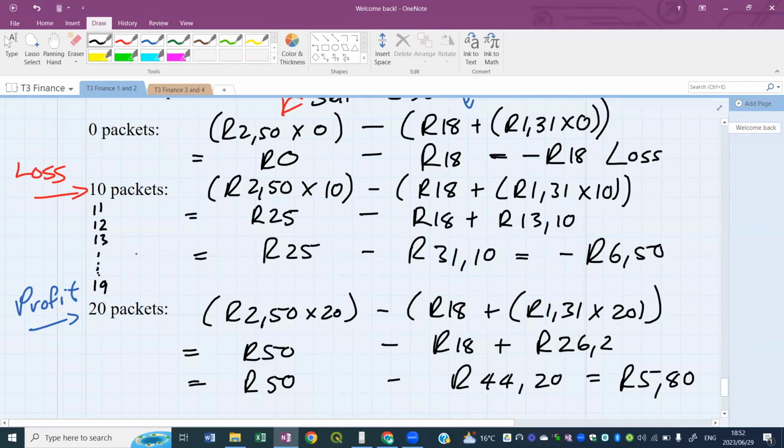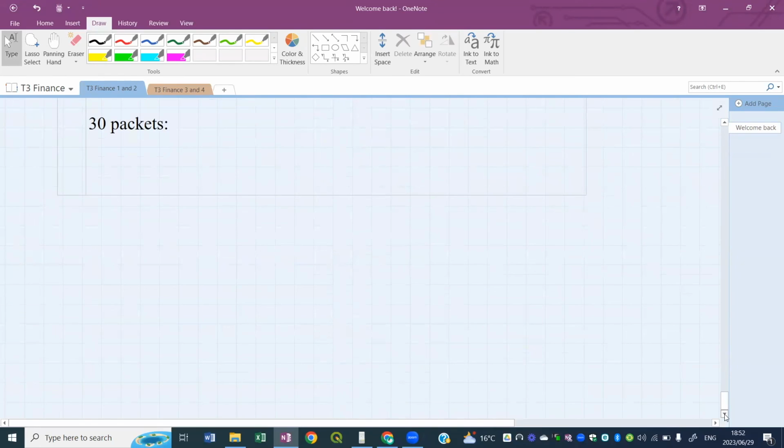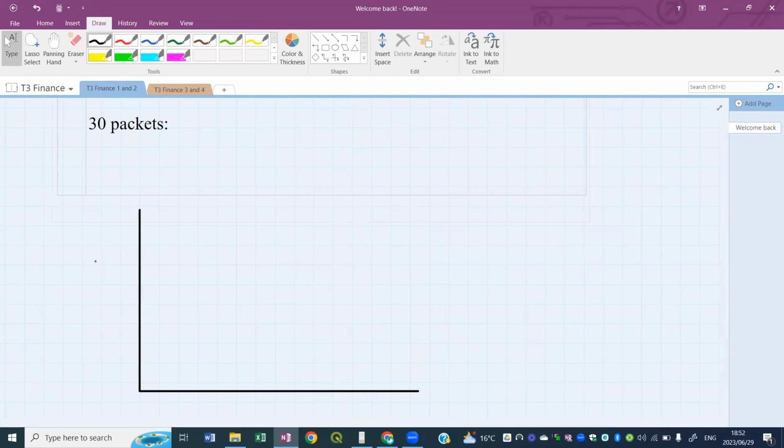All right, now, next time I see you, we are going to take two equations very similar to this. And we are going to plot them on a graph. We're going to take number of packets and the rand value for these packets.